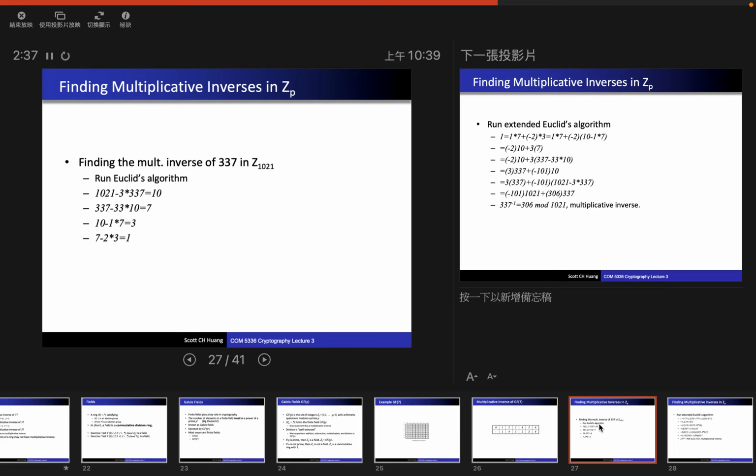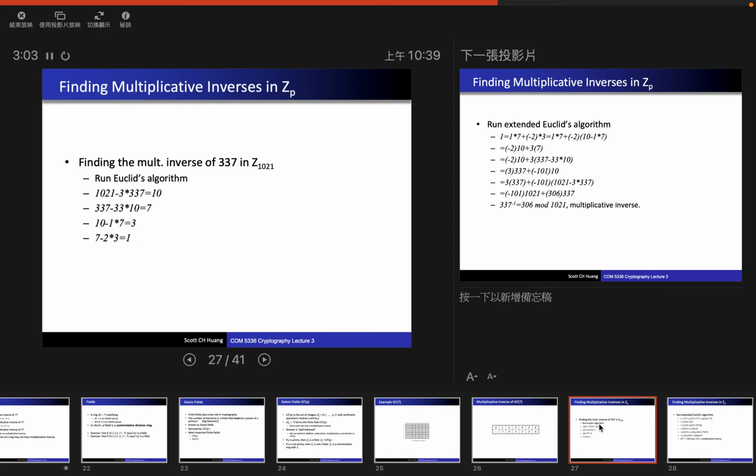First, we apply Euclid's algorithm. Here's an example: we find the multiplicative inverse of 337 in Z1021. We first do Euclid's algorithm to find its GCD.